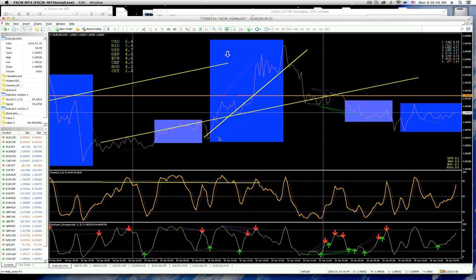In this case, I need to start with a point that is underneath my existing divergence line. That would be this one right here. This one right here is afterwards, so I can't use this.